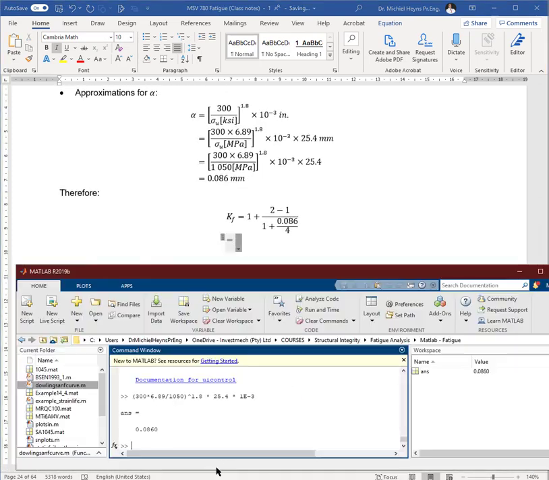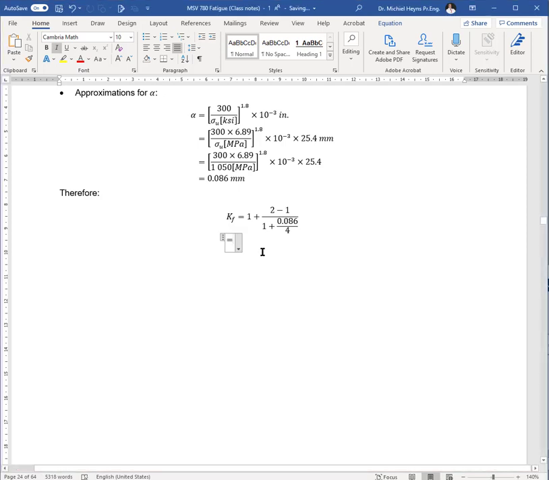So in MATLAB, we will have Kf equal to 1 plus 2 minus 1 divided by 1 plus 0.086 divided by 4. And that's 1.98.